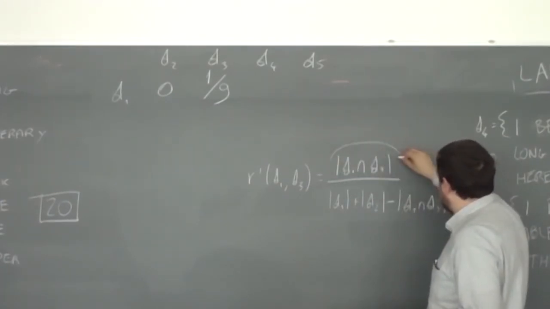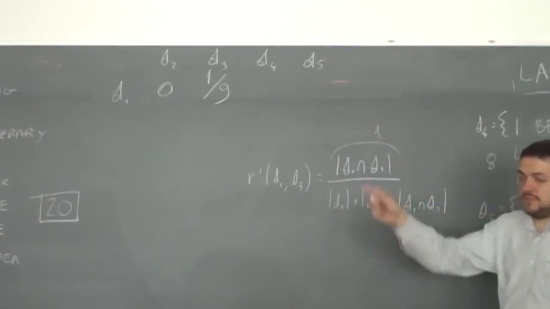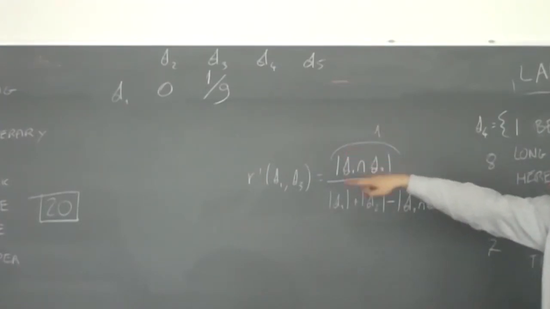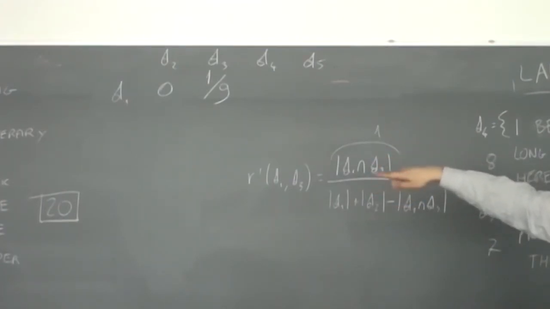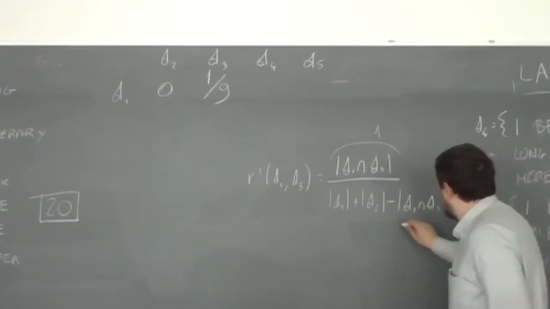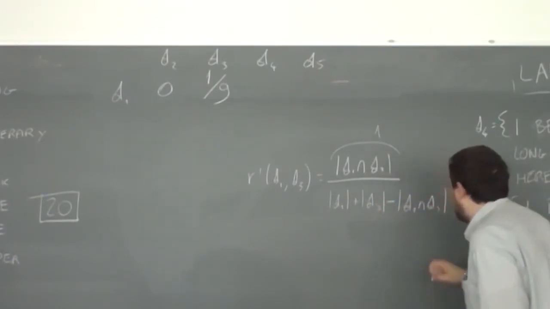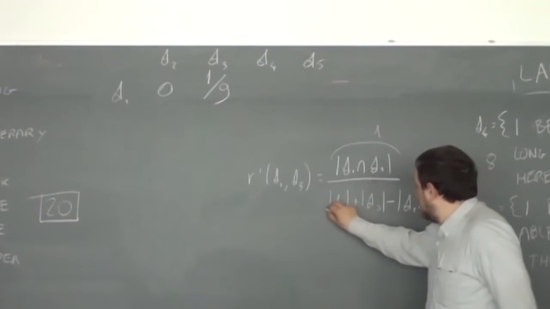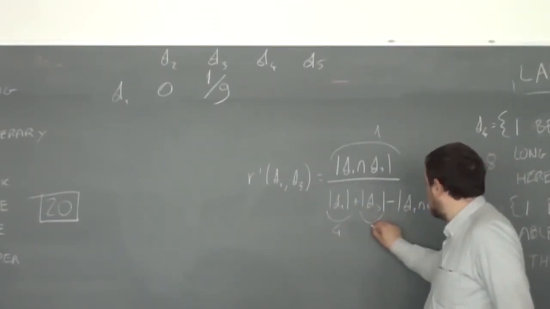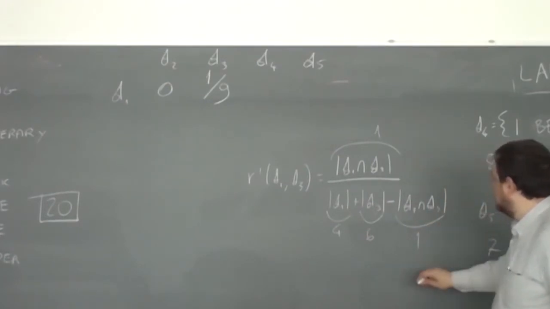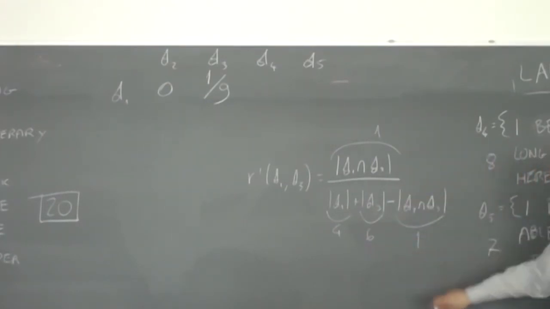So the intersection is 1 because there is only one term in common, B. Apart from B, there are no other common terms between D1 and D3. Then the length of D1 is 4, the length of D3 is 6. So 1 divided by 9.